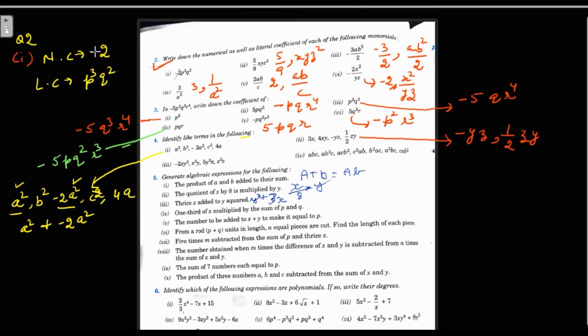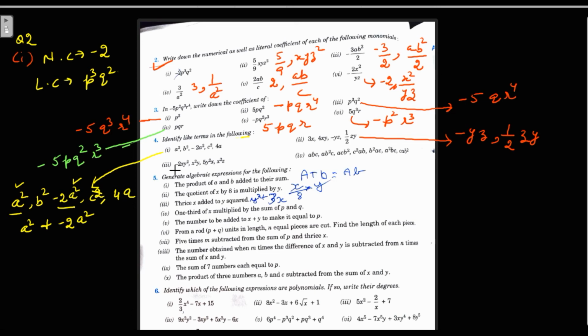Here also in the third part, like terms would be minus 2x square y, y square x, and this is y square x, this is not, x square z is not there, and the same terms are xy square, minus 2xy square.